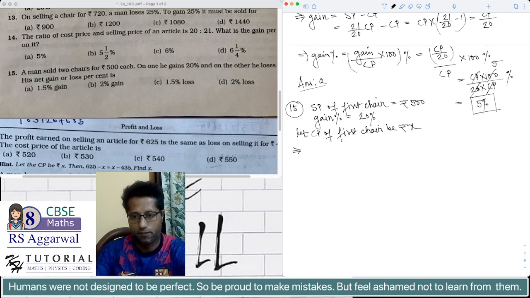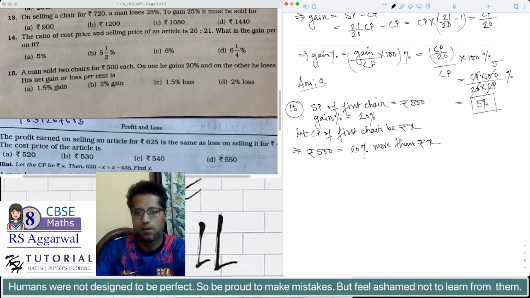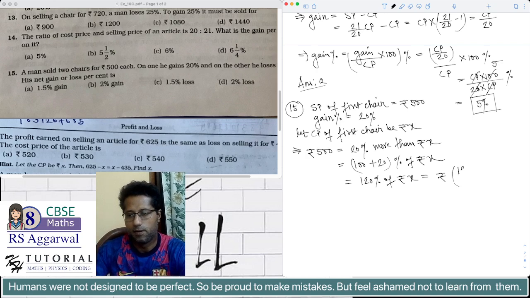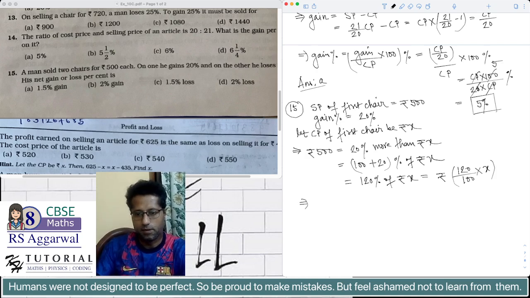Since the man gained 20% on the first chair, and it was sold for rupees 500, we can say that rupees 500 should be equal to 20% more than rupees X. 20% more means 100 plus 20% of rupees X. This is equal to 120% of rupees X, which is equal to rupees 120 divided by 100 multiplied by X. So from here we can say that 120 divided by 100 multiplied by X is equal to 500.